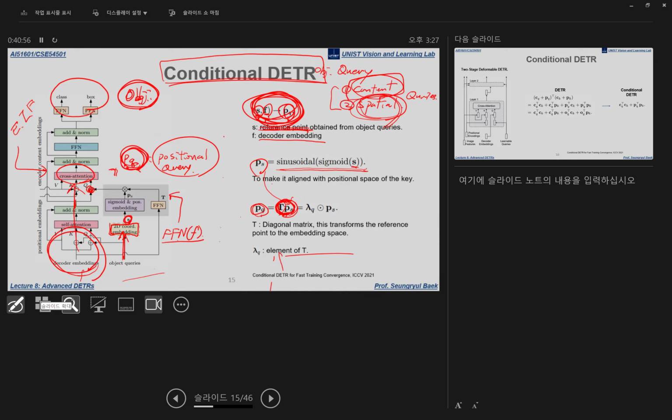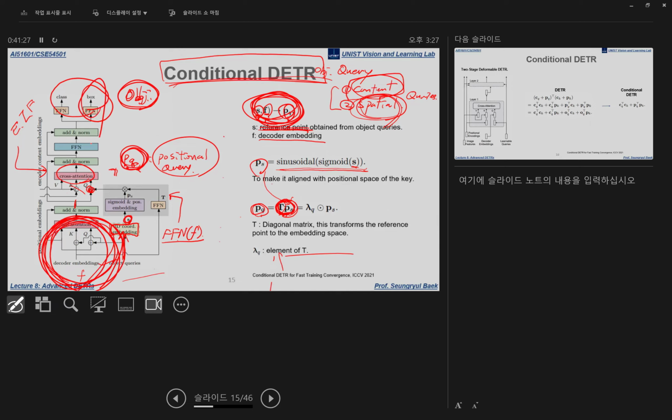So in conditional DETR and DAB-DETR, they want to explicitly give the bounding box information to the object query, this part, and make the convergence of this overall architecture faster. Because this part doesn't have any spatial meaning, mapping it to bounding box information was taking time.